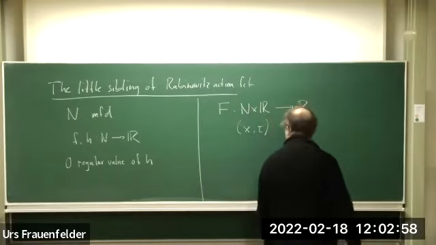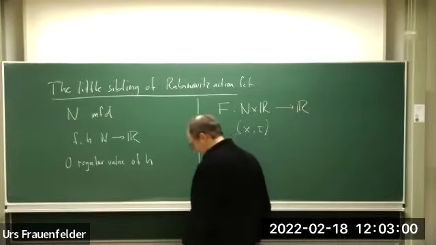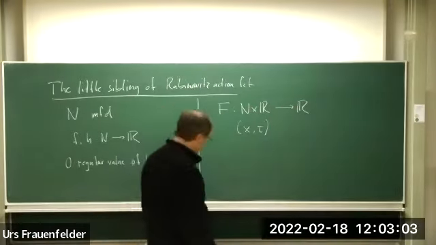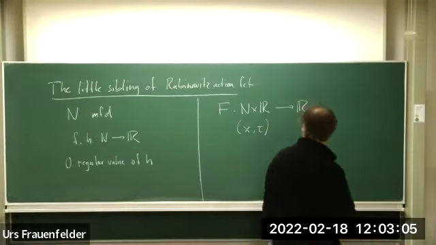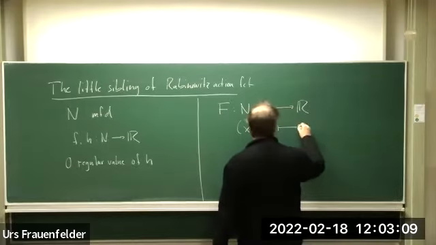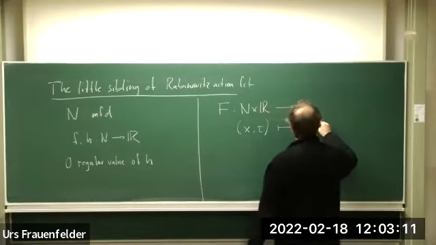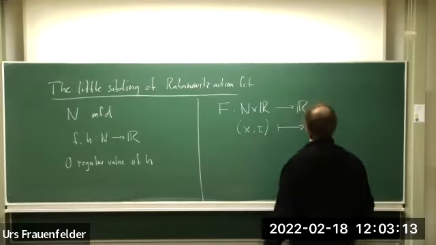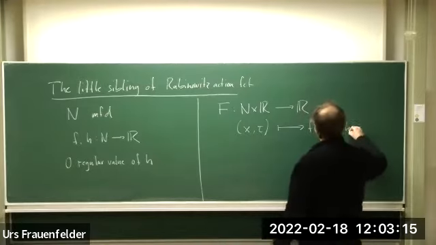I call my Lagrange multiplier tau for some reason. Lambda is not so good because we later need lambda for the Liouville 1-form.